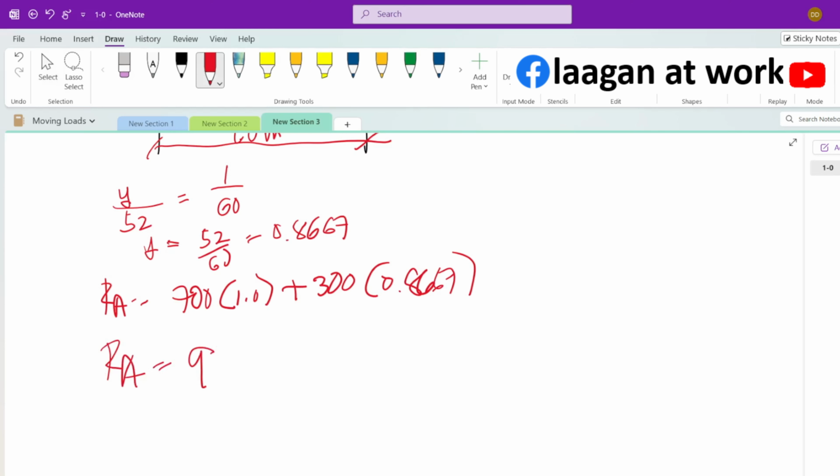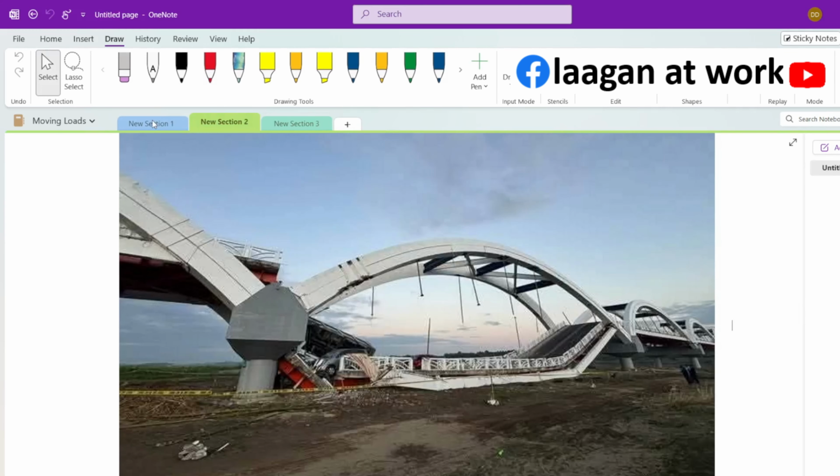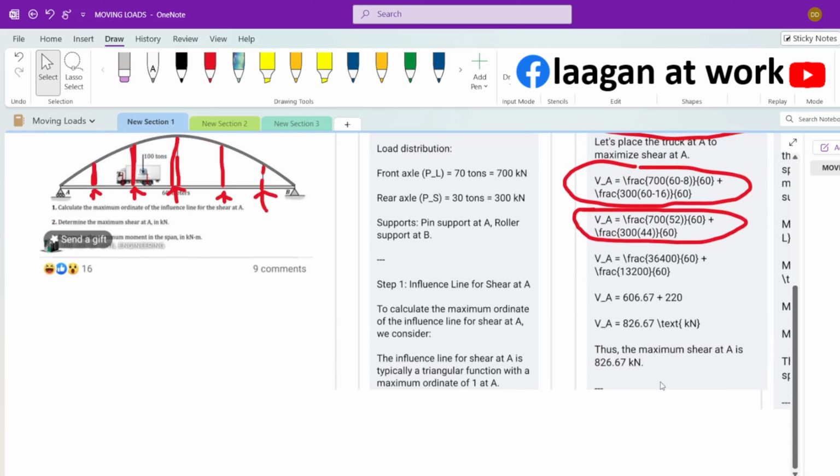So RA is 960, but in his calculation, it is 826.67.